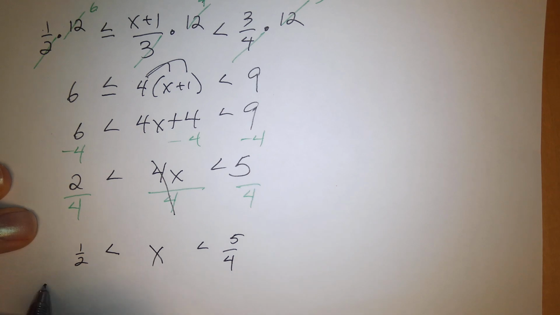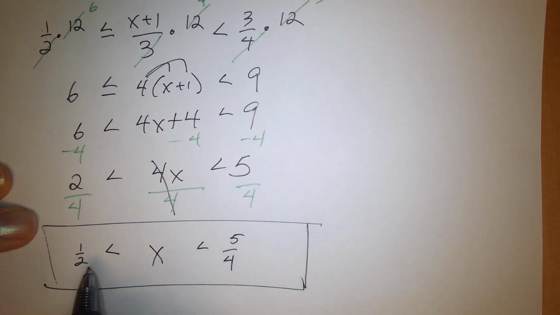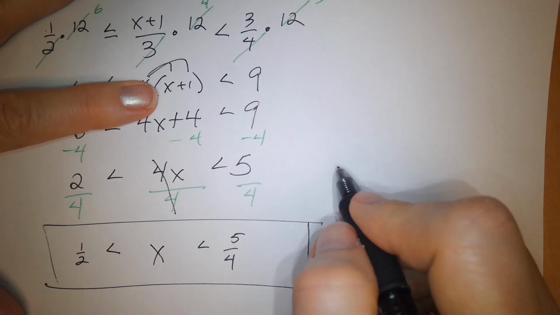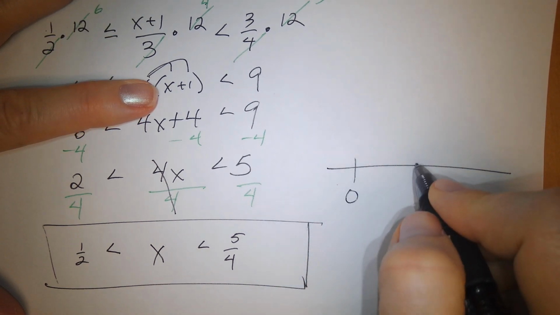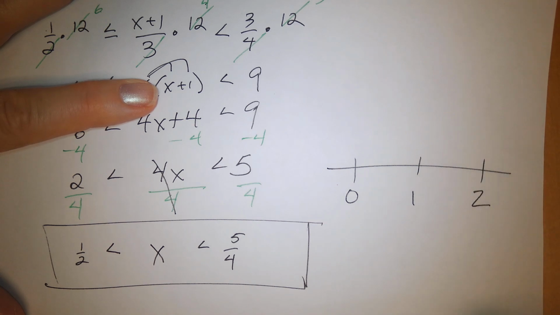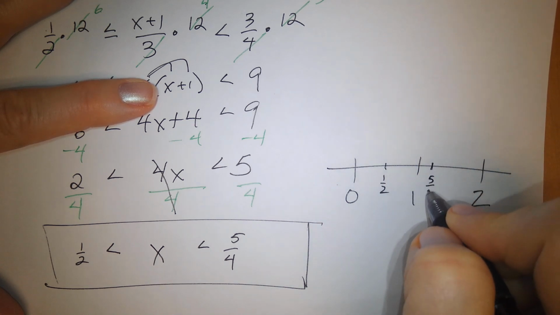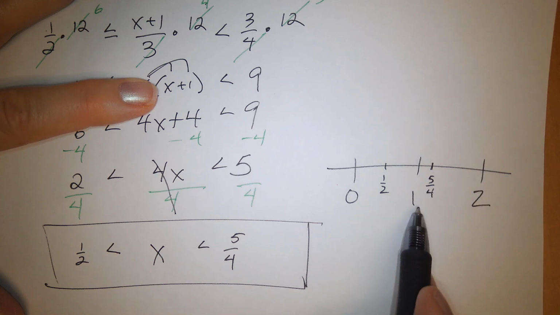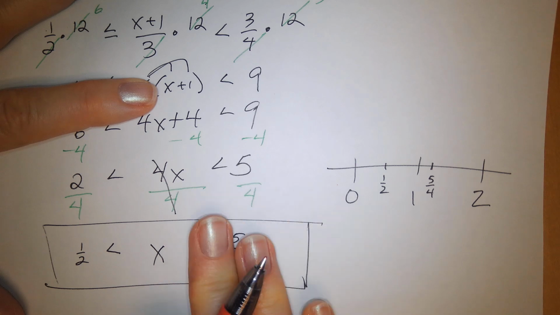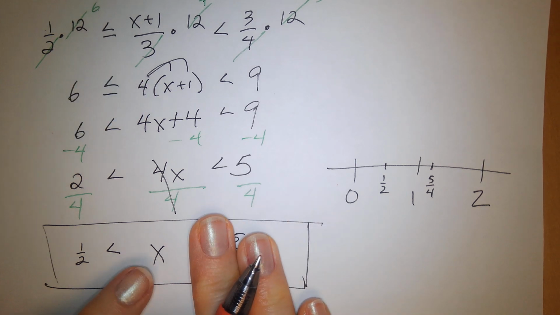So x lies in between 1/2 and 5/4. In a graphical form, 1/2 and 5/4 are located in between 0 to 1 and 1 to 2. I would say x on this side, x is greater than 1/2.